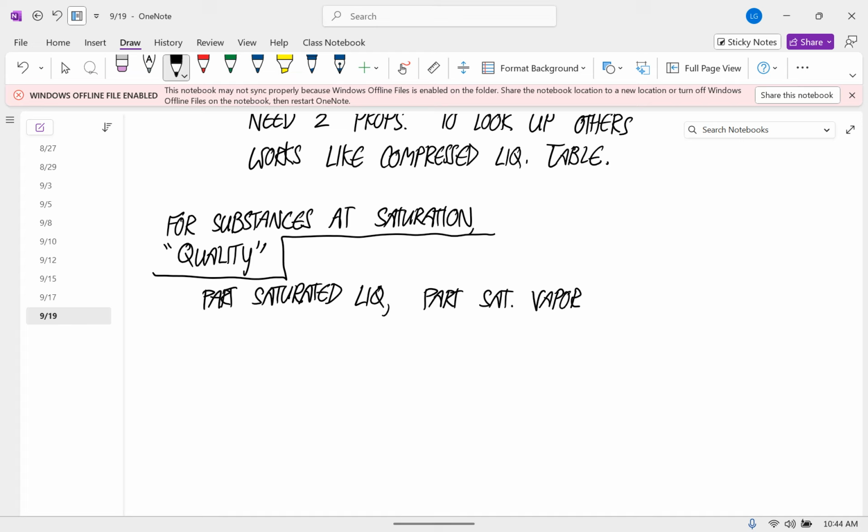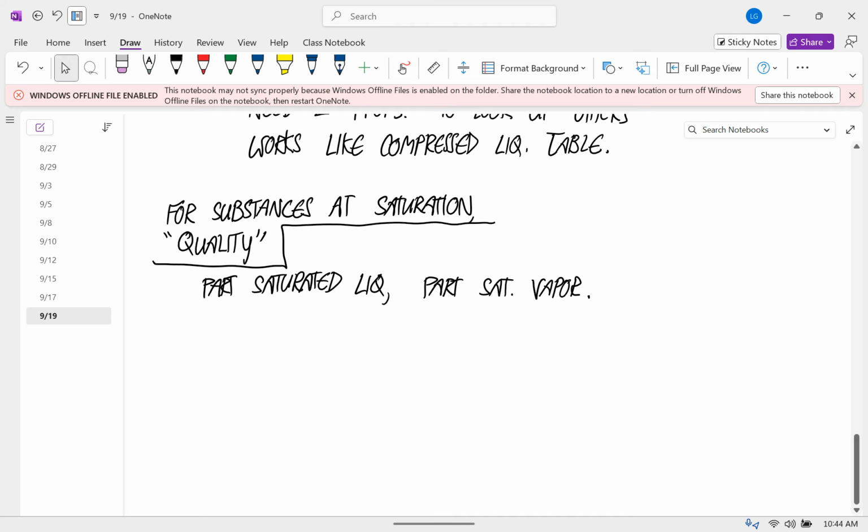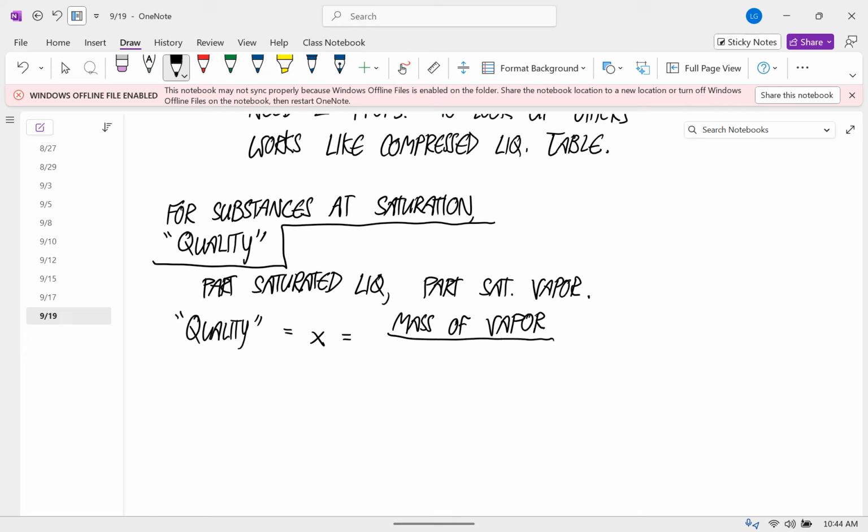It could be 100% and 0%, or any other split. The quality, which we will always denote with an x, is the mass of the vapor divided by the total mass.